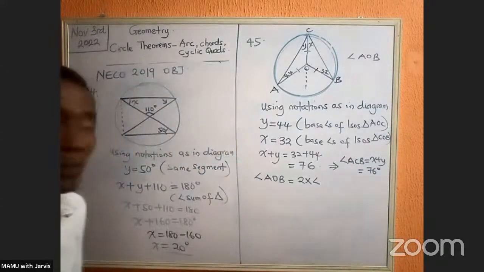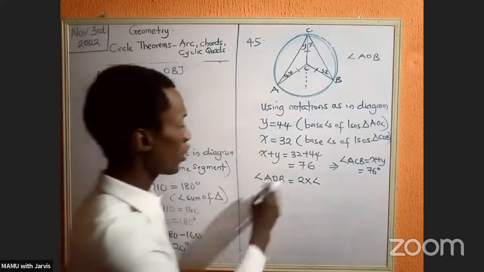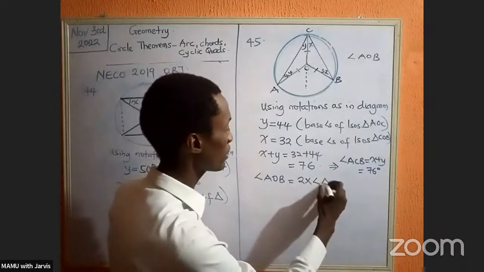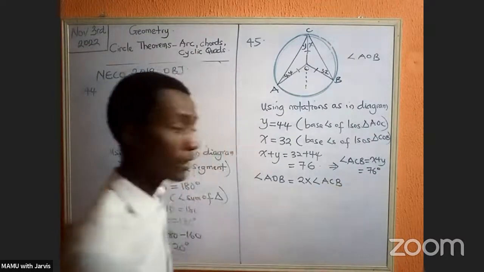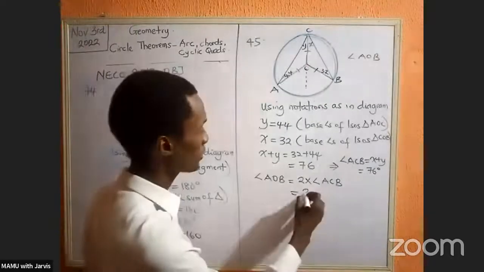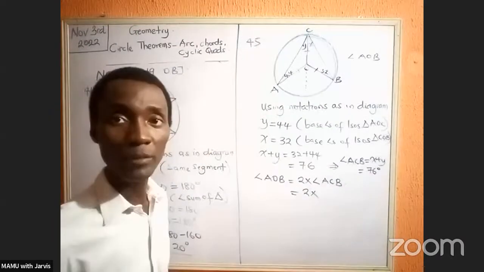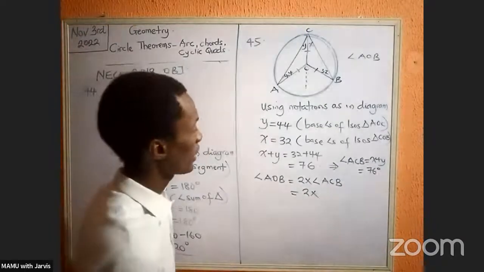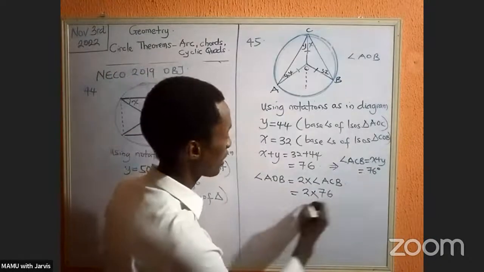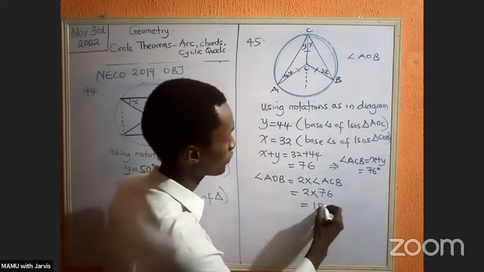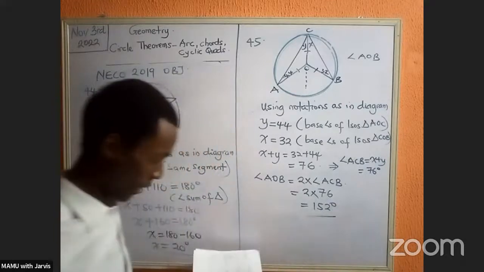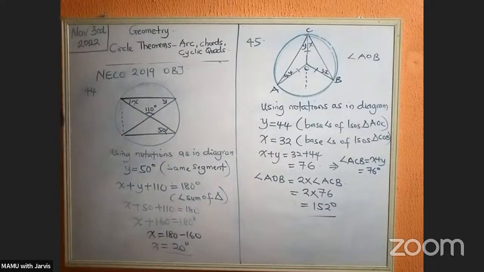Now that is understood, AOB will be 2 times angle ACB. Is that clear? ACB is 76, and as such, this will be 152 degrees if you have done your maths correctly. So that settles question 45 of that year.